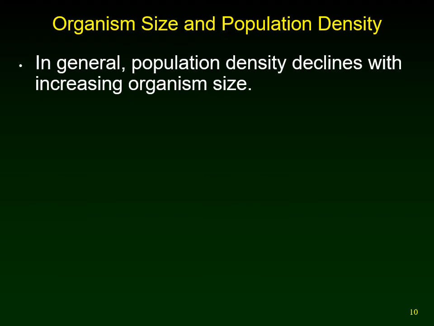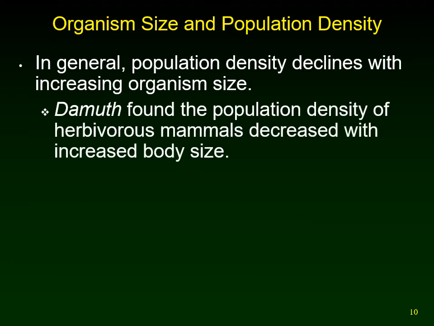So you might have billions of bacteria in a very small place, but at the same time you might have a large mammal or bird like an eagle. You might have just one eagle for every square kilometer. So taking a look at how the size of the organism is impacting the density of the organism is really interesting.